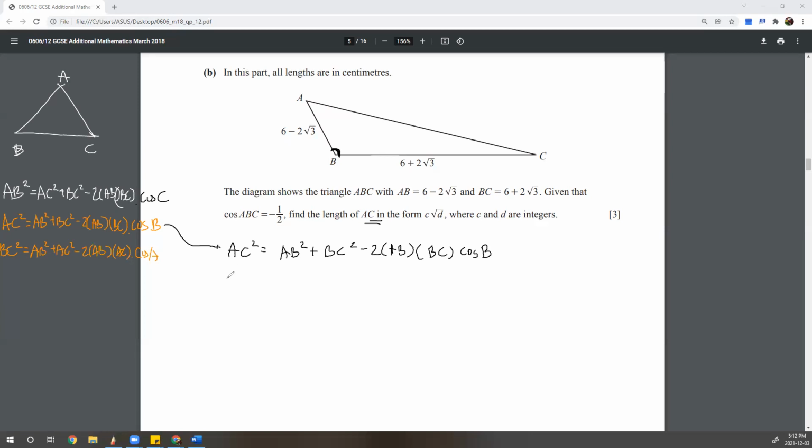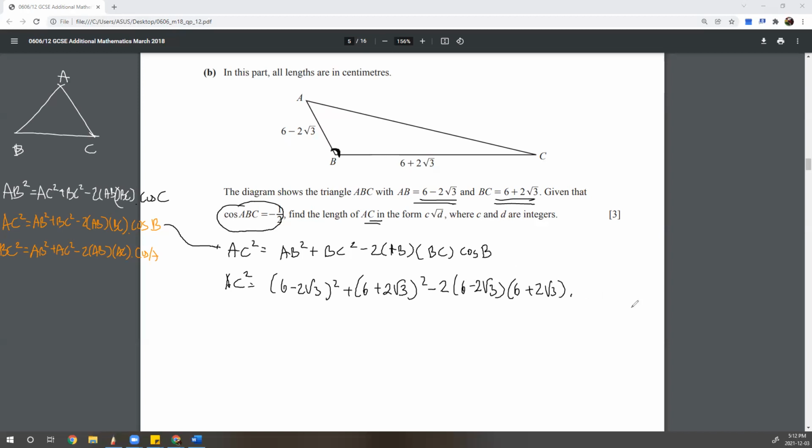Okay, so what is AC then? Square root of everything. But I don't want to think of the square root first, I just want to keep the square. AB square: 6 minus 2 square root 3 square, plus 6 plus 2 square root 3 square, minus 2 AB, I forgot to write the 2, times 6 plus 2 square root 3, times cos B. What is cos B?